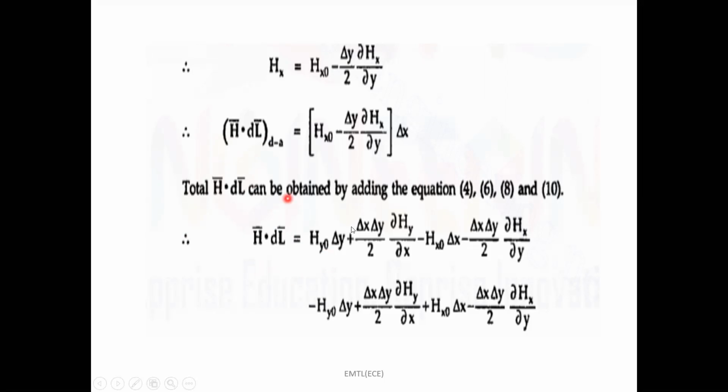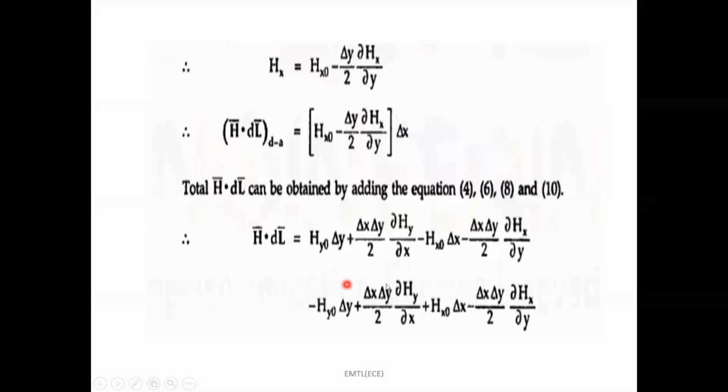So by the addition of all these values, H bar dot dl bar is equal to Hy naught delta y plus delta x delta y by 2 dou Hy by dou x, minus Hx naught delta x minus delta x delta y by 2 dou Hx by dou y, minus Hy naught delta y plus delta x delta y by 2 dou Hy by dou x, plus Hx naught delta x minus delta x delta y by 2 dou Hx by dou y.